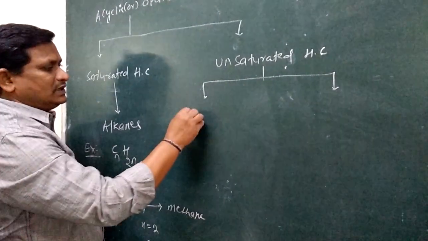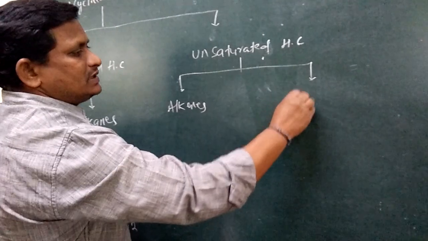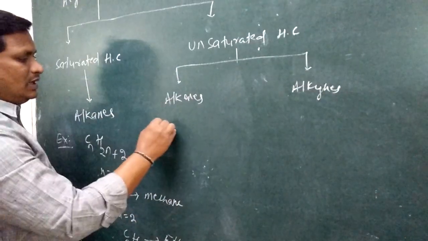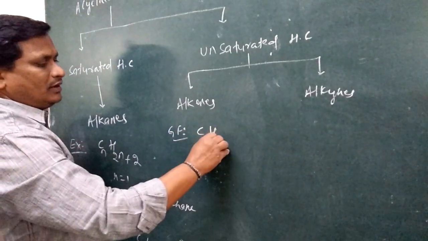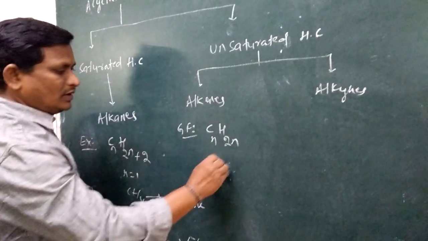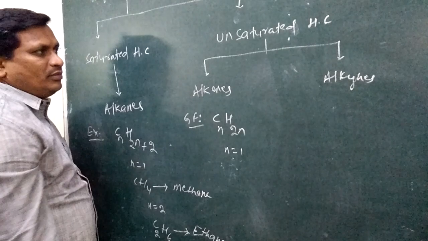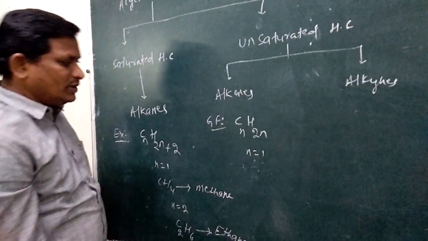Unsaturated hydrocarbons are again classified into two types: alkenes and alkynes. The alkenes general formula is CnH2n. If n equals 1, it does not exist because a double bond must be present between two carbons.